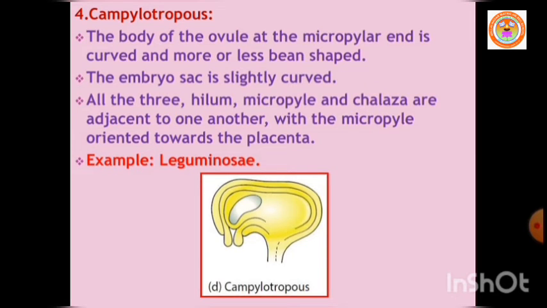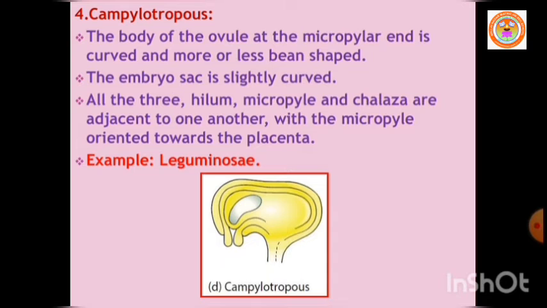The fourth type, campylotropous ovule. See the picture, it totally differs because the embryo sac is slightly curved. In this type of ovule, the body at the micropylar end is curved and shows a more or less bean-shaped structure.